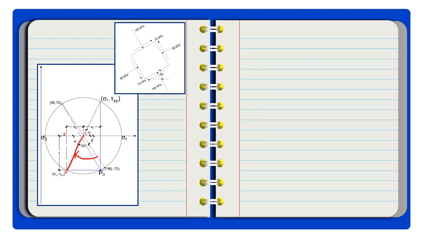So, ibig sabihin, yung hinahanap nating stress on the horizontal plane of the upright element is ito. So, pinapahanap din sa atin kung yung stress is on the vertical plane. So, ibig sabihin, that is a complement ng horizontal stress ng upright position ng element natin.